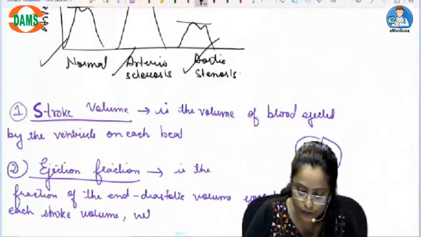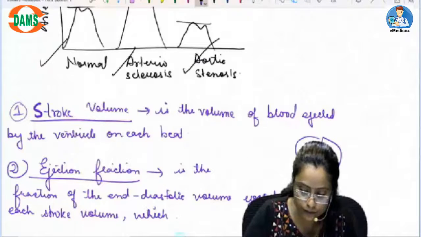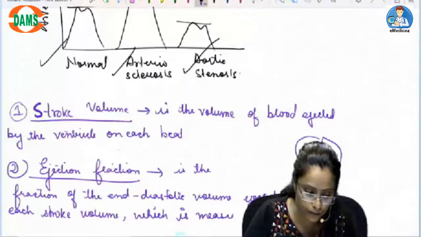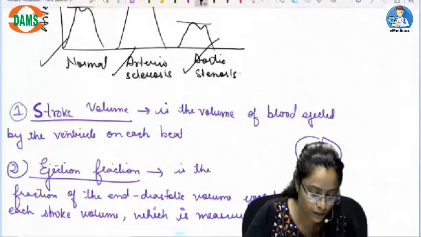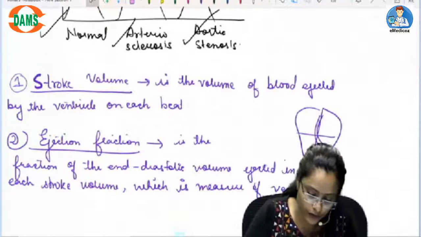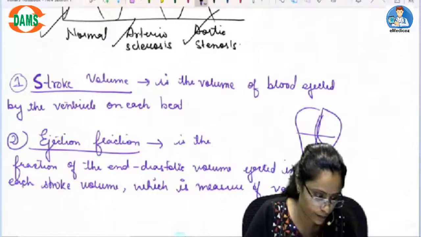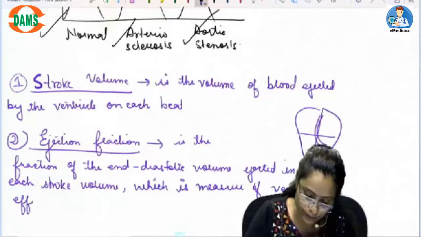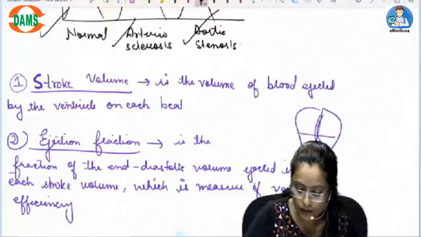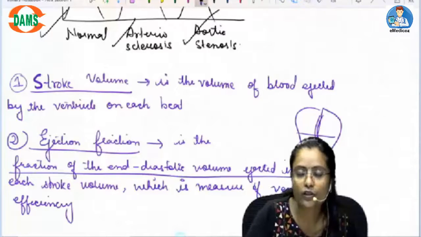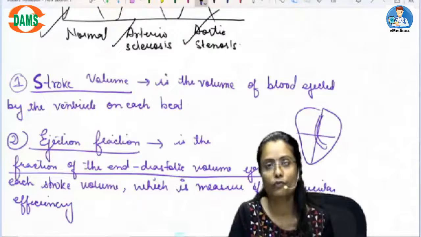Which is a measure of ventricular efficiency. It means that this is a fraction of end diastolic volume ejected in each stroke volume.